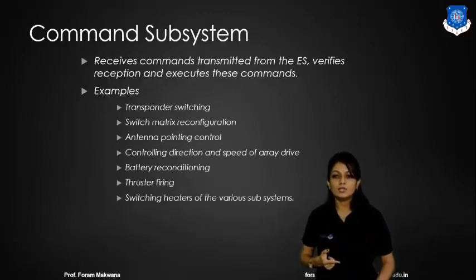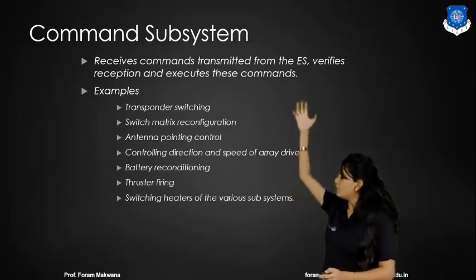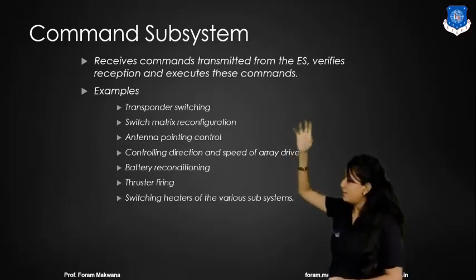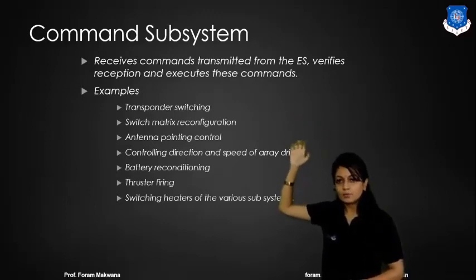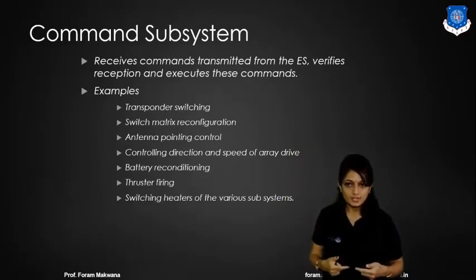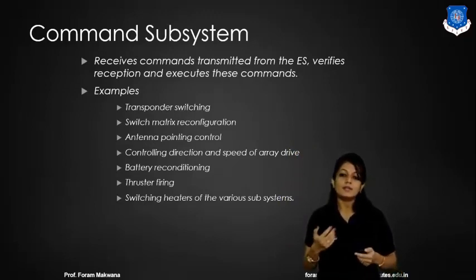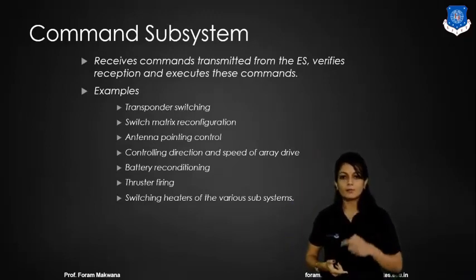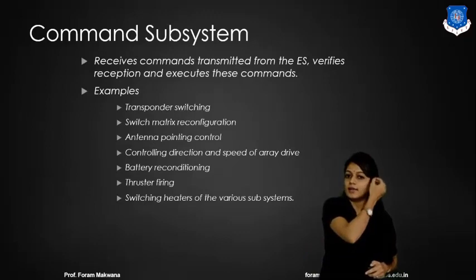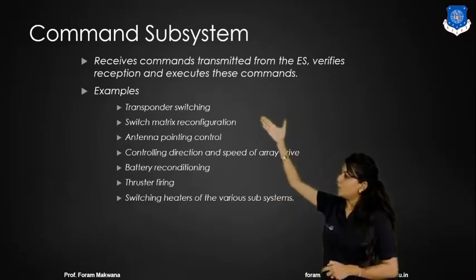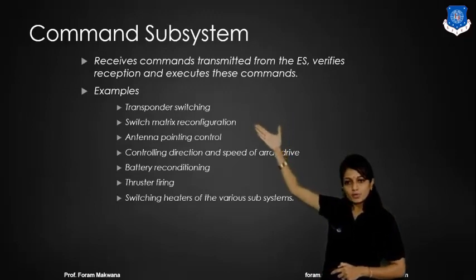Now second, we are going to study what we mean by command subsystem. It will receive the command which is transmitted from the earth station, verify the reception, and execute these commands. What are the commands? The commands are like: do we require to switch the transponder?